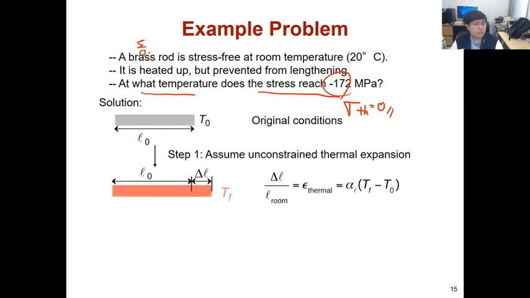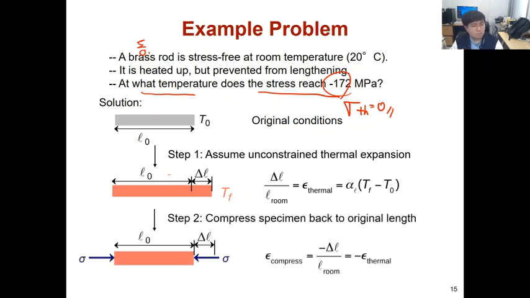But we assume that due to the temperature increase, we obtained this kind of thermal strain, and then we compressed this heated brass rod to its initial state. Without that kind of constraint, it is hard to say that this solid will experience any thermal stress.